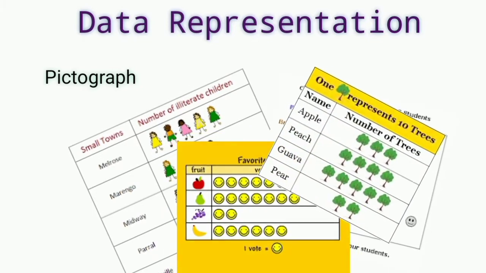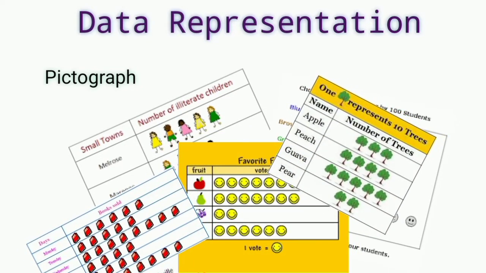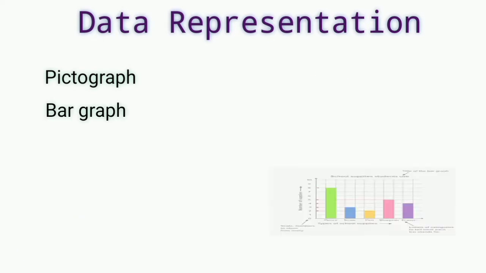Already in small grades, you have all studied some types of data representation. I think you all remember in grades 4 and 5, you would have studied pictograph. Again in grade 6, bar graph.